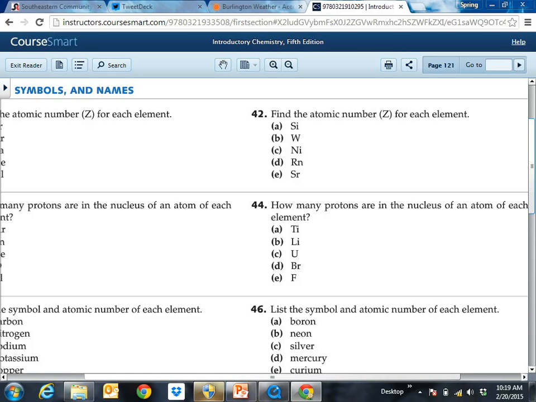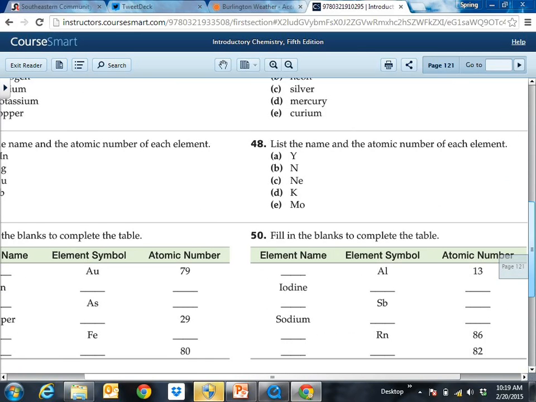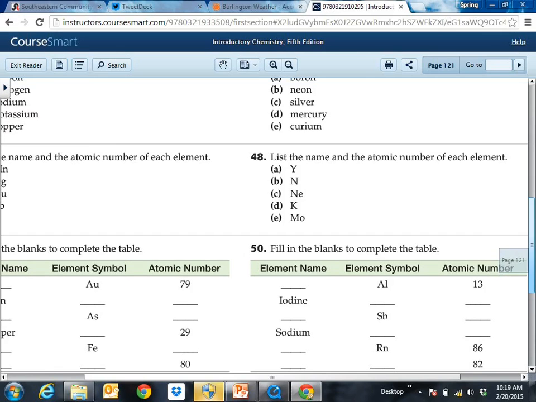So find the atomic number, which will be the number of protons, for each of these. The same thing for 44. For 46, you are supposed to put the symbol and the atomic number. That's some exposure to that. And for 48, just list the name.